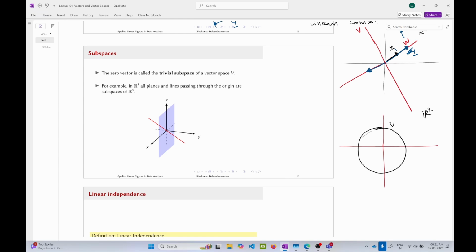Okay, all right, let me make it anything inside. I want a circle disk. I give you a disk. Now I ask you, is it a subspace of R2?